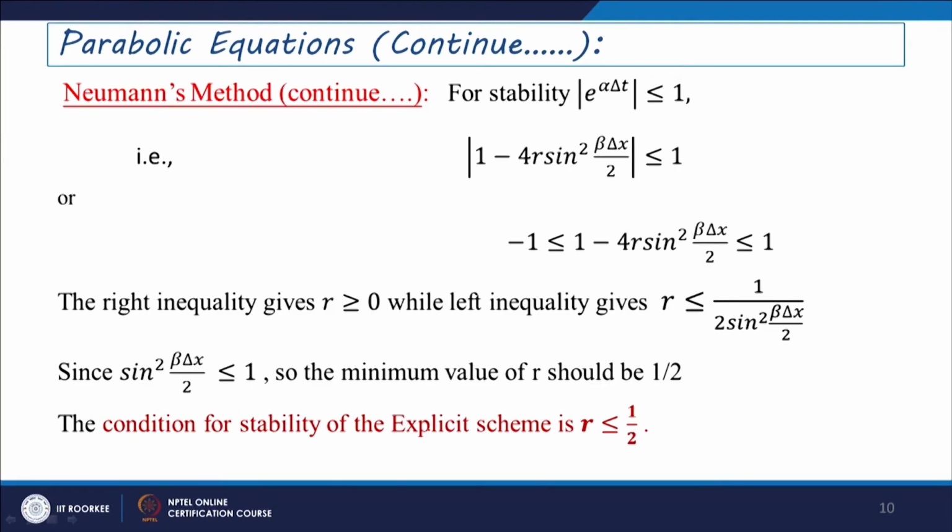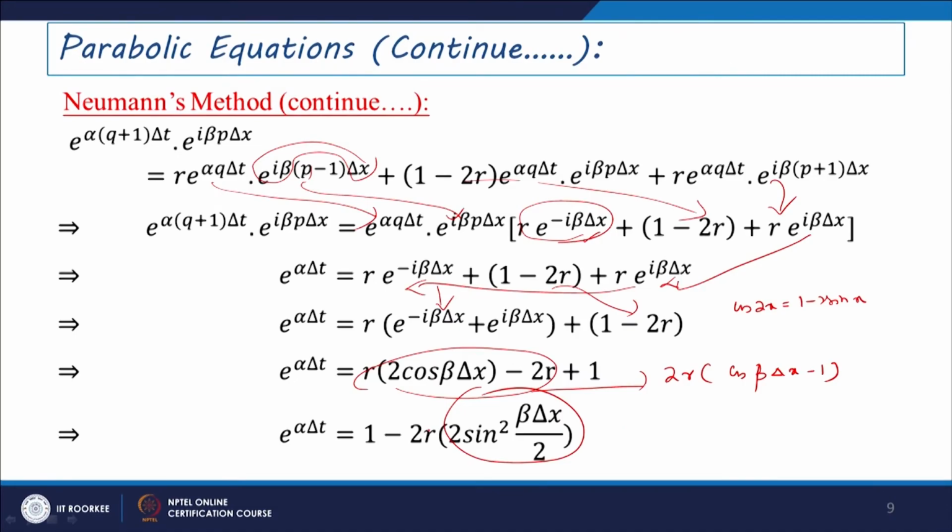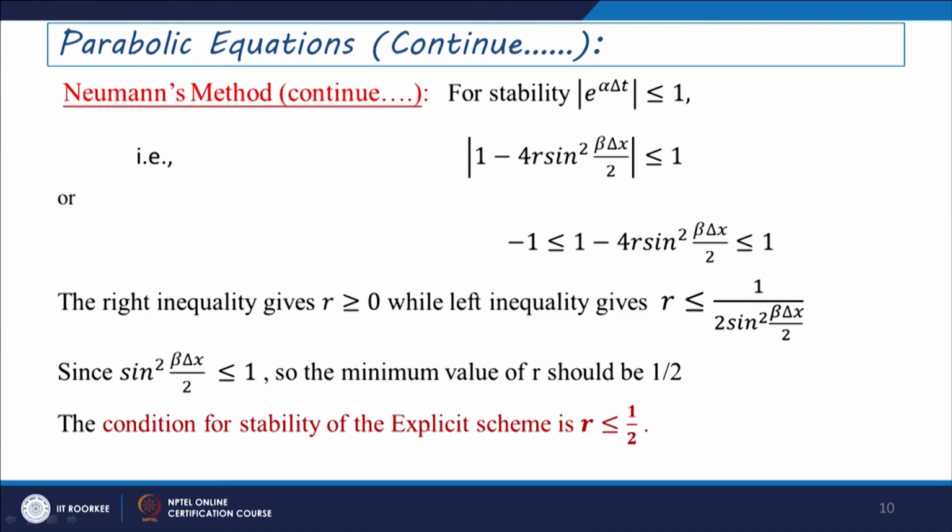In von Neumann's method, for stability we have to consider that |e^(αΔt)| should be less than or equal to 1. So the left hand side is less than 1, which means 1 minus 4r sin²(βΔx/2) should be less than 1 also.